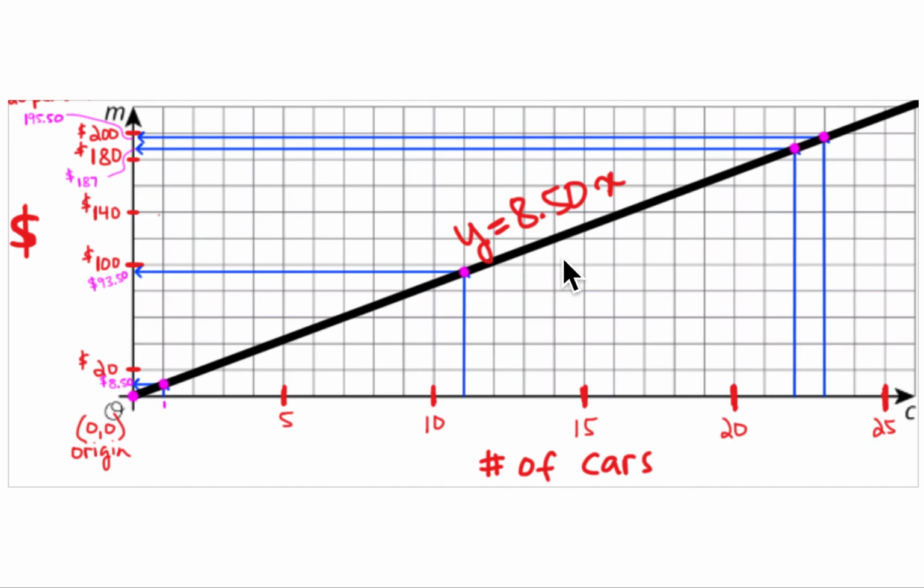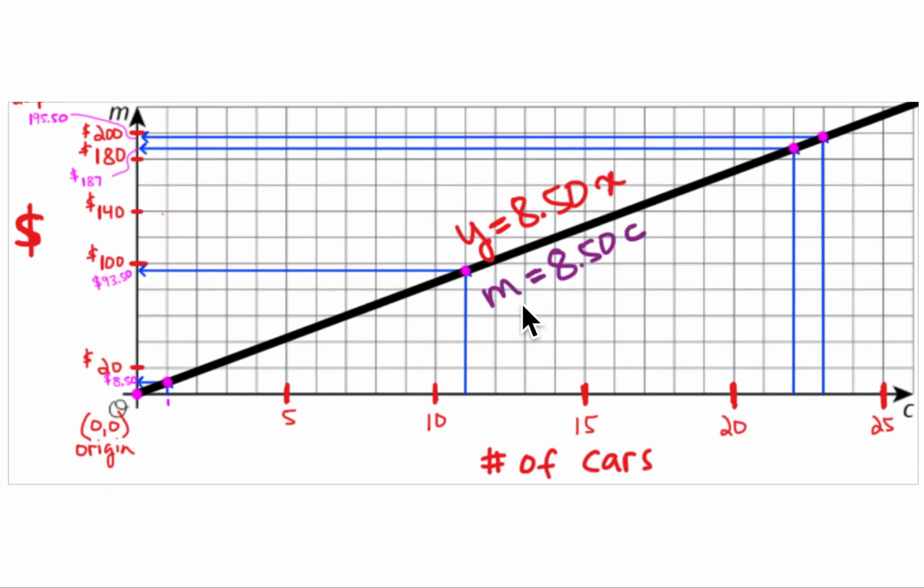And so you look along, the x value is the number of units along the x-axis, and the y value is the number of units along the y-axis in this equation, because it goes through the origin. All right, one more car up. Actually, money is equal to $8.50 times the number of cars.